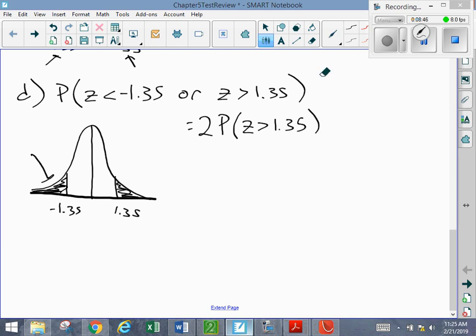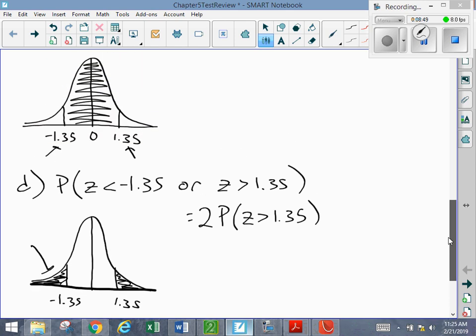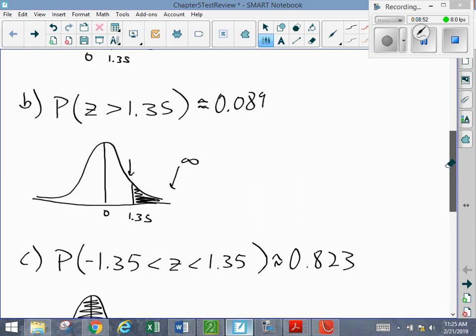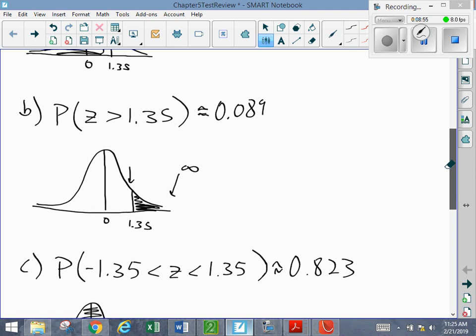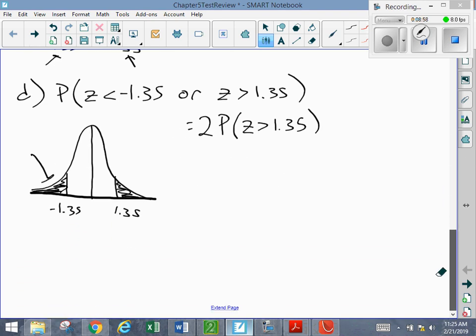What was that probability? 0.089. So this is going to be 2 times 0.089, which turns out to be 0.178.